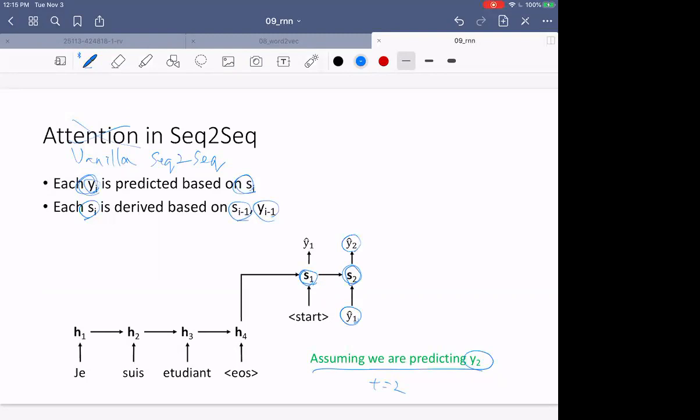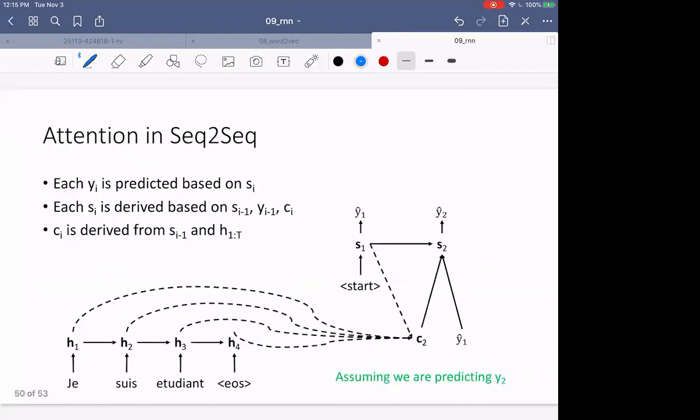And if you use attention on top of this, then it becomes a bit more complicated. So yi is still based on si, but si is now not only relying on si minus 1 and yi minus 1, but it also relies on ci, the context vector.